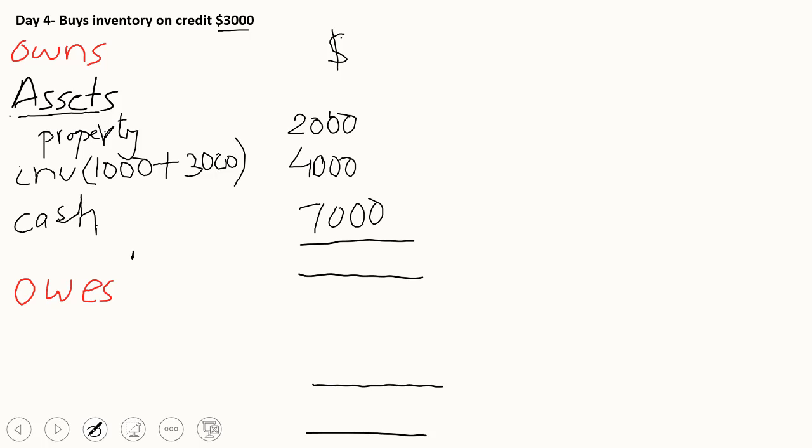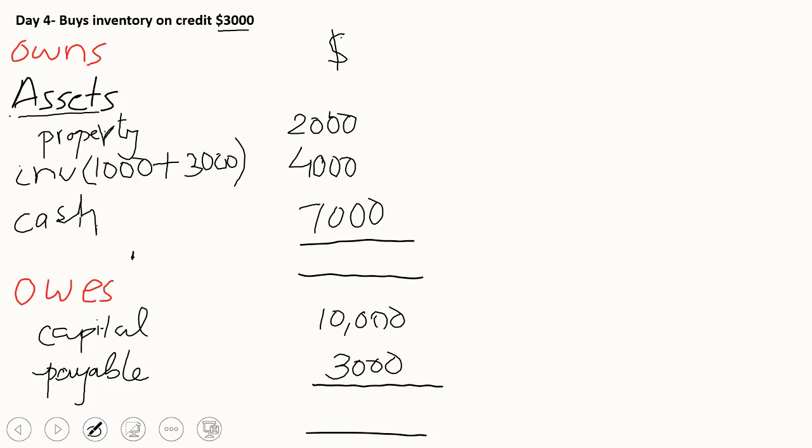There would be a payable because it is the money owed to supplier now. Inventory wasn't bought on cash, so this is amount still payable. And how much is that? 3,000. Capital would remain same. There are no changes in capital. Capital is 10,000. So 13,000 and 13,000.